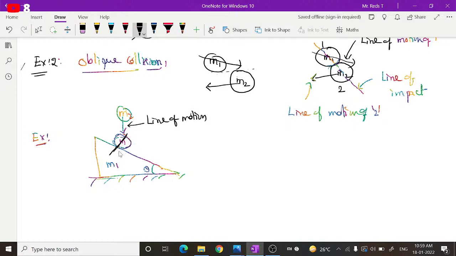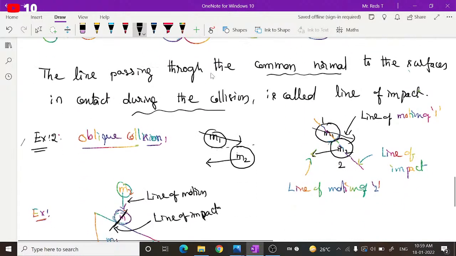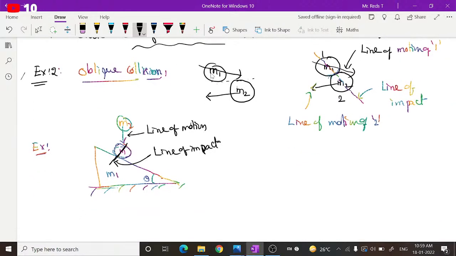Whereas this will be called the line of impact. So the line of motion and line of impact are different now. Here also they are different; only in the first case they are the same. So write this down. I hope these points are clear.